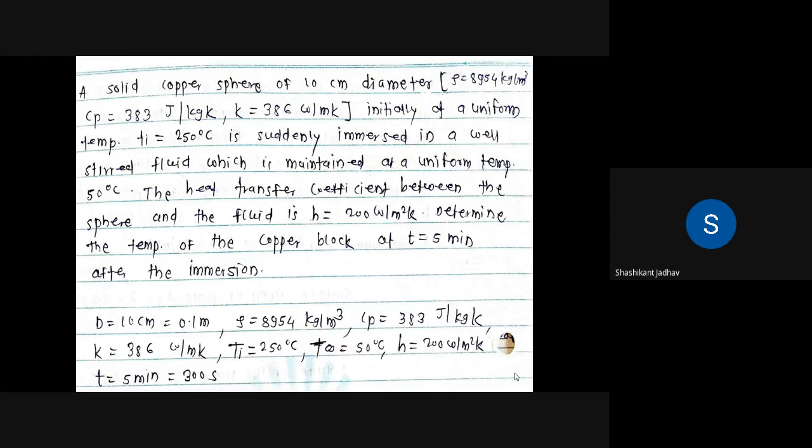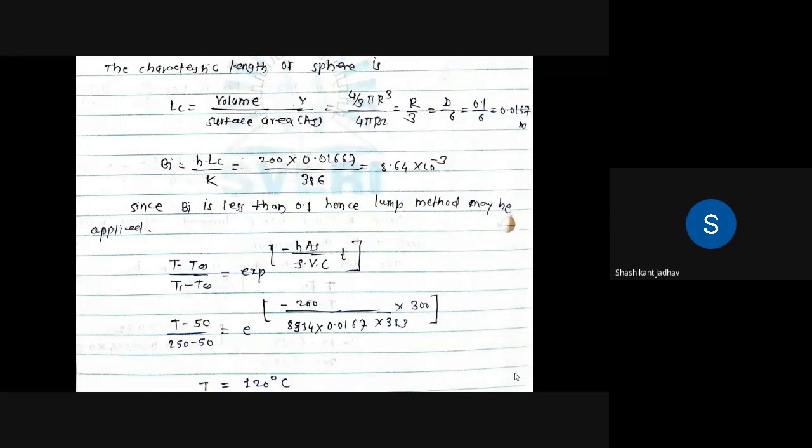We have to find out that temperature. Okay. So first of all, we have to calculate the Biot number. For the calculation of Biot number, there is a need of characteristic length, and we know the standard formula for the characteristic length, that is volume upon surface area.